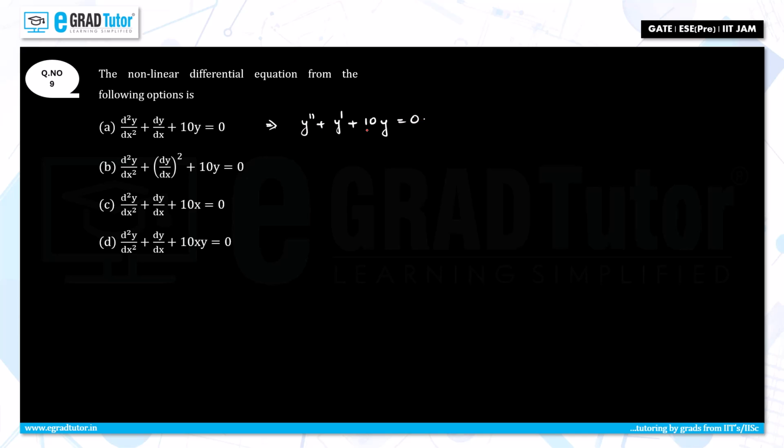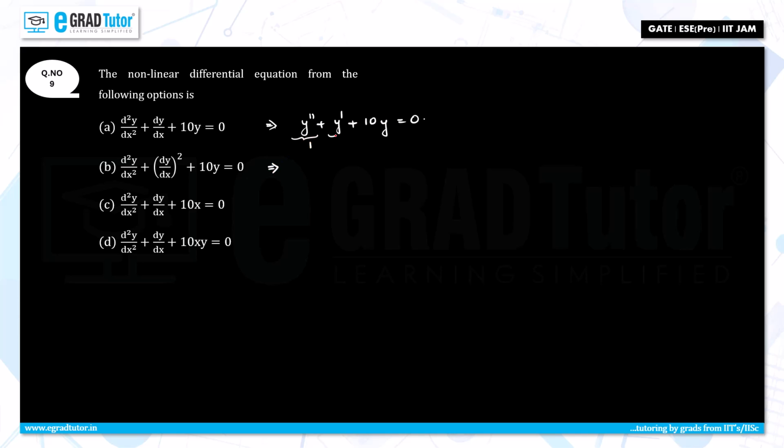The reason why I am writing like this in terms of y dash, y double dash is that at times I've seen a few of my students getting confused when the equation is given in terms of dy by dx or d square y by dx square, making very silly mistakes. Okay, so if you write an equation in this way, I think you can avoid such mistakes.